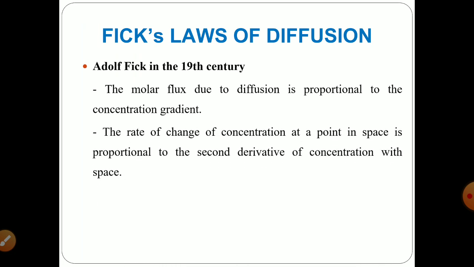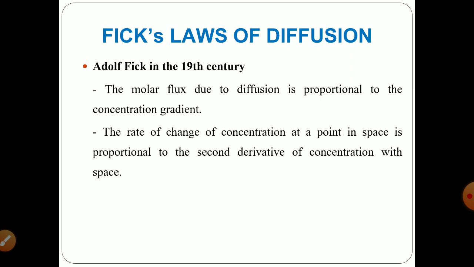He further states that the rate of change of concentration at a point in space is proportional to the second derivative of concentration with space, means the process is not dependent on only one derivative. You need to focus on both derivatives.